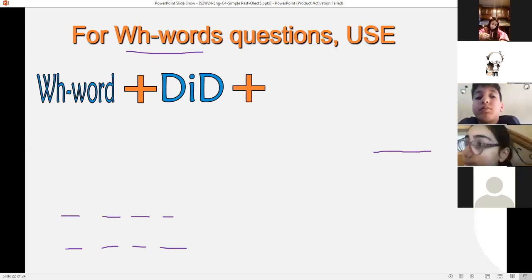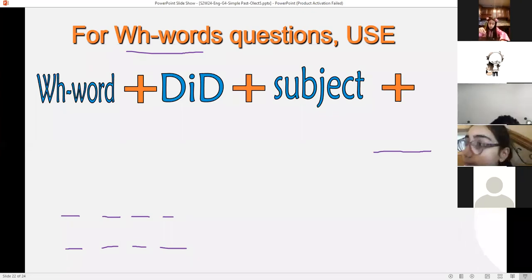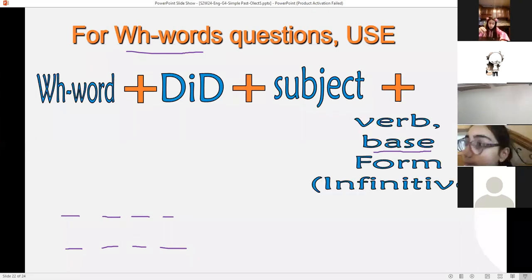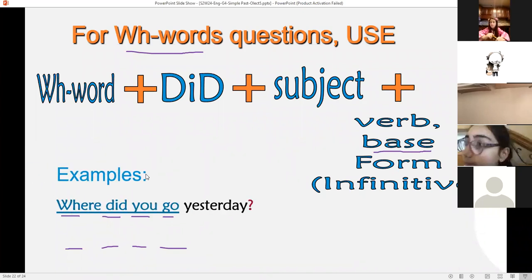Then did, then the subject, then the base form of the verb. These formulas look complicated and hard, but they are easy in practice. For example, where did you go yesterday? I'm using where in the beginning, and then did, and then the subject, and then the verb.